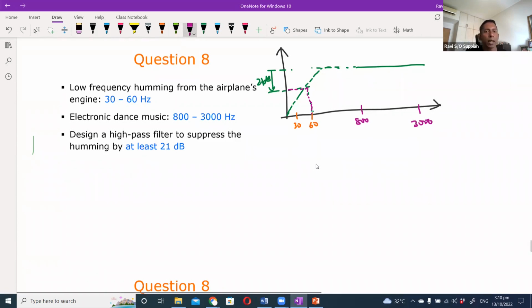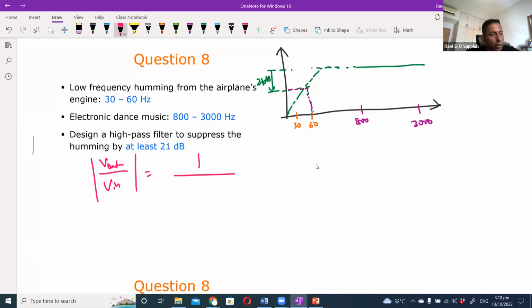Since this is a high pass filter, we know the expression from the earlier question, so I can straight away put in my expression here, V out over V in. Your final test will also be MCQ, so you don't need to worry about the derivation as long as you know which expression to use.